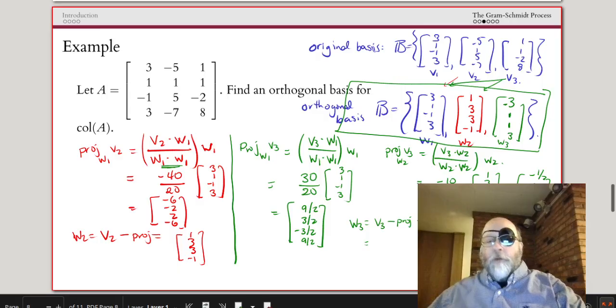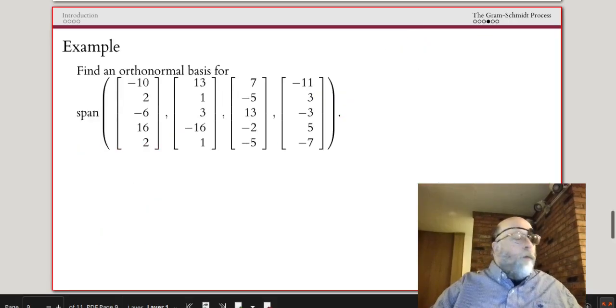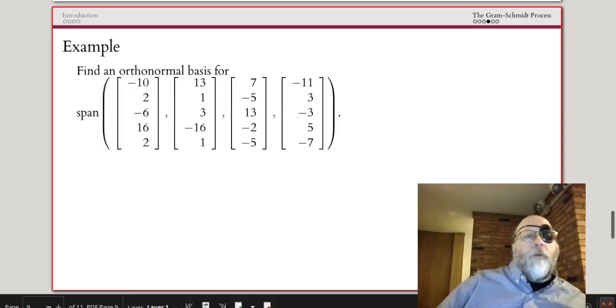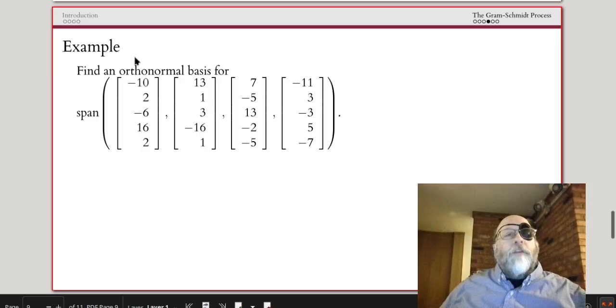All right, let's move on to a more complicated example. We want to find an orthonormal basis for the span of these vectors here. So these are my V1, V2, V3, and V4.